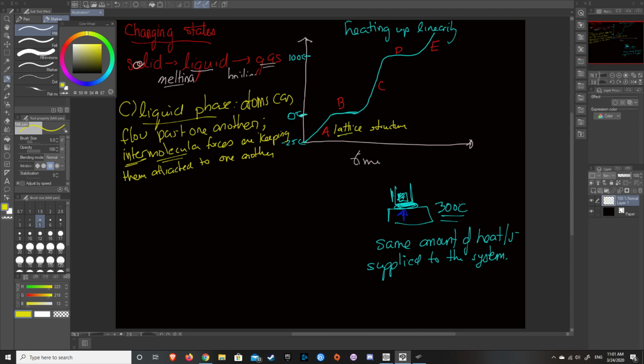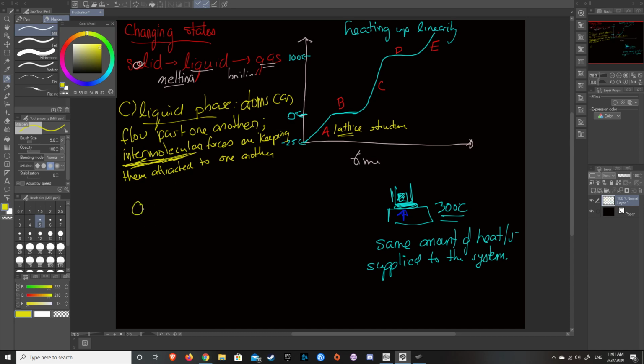So you have to overcome the lattice energy to go to a liquid phase. In the liquid phase, we've got these intermolecular forces. And basically, lattice energy is another way of saying some sort of intermolecular force, which you're going to learn eventually. But these intermolecular forces are holding this liquid together.